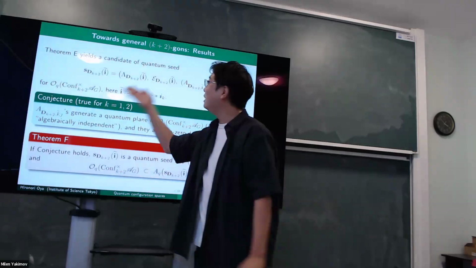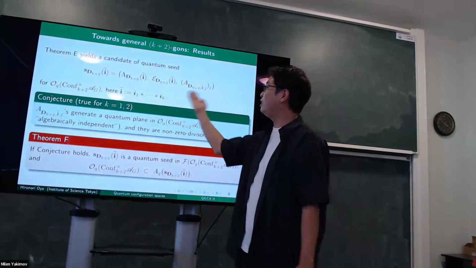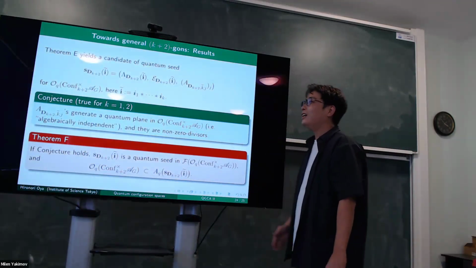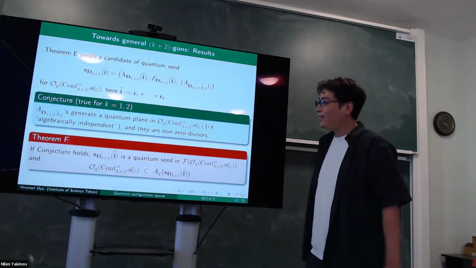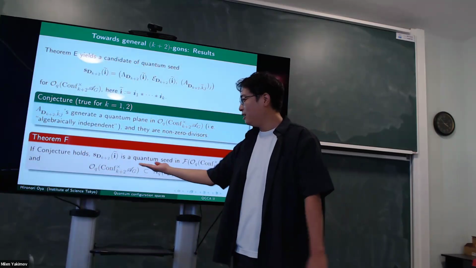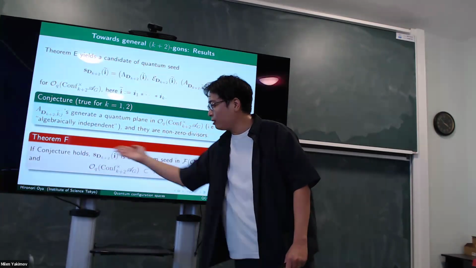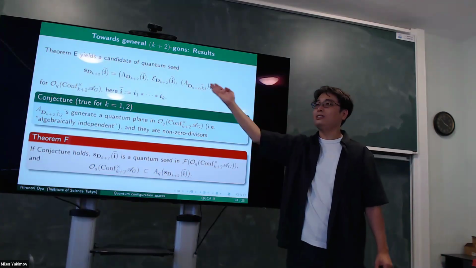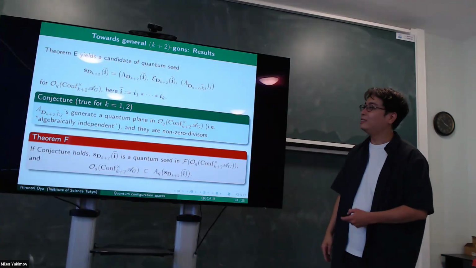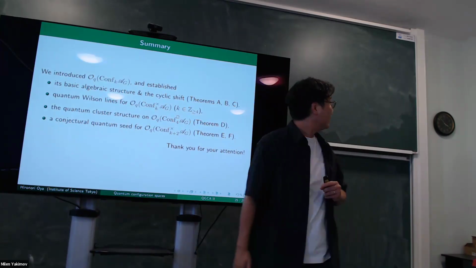And these variables are non-zero divisors. And if this conjecture is true, then we prove that the quantum configuration space is contained in the cluster algebra structure. Okay, I stop here.